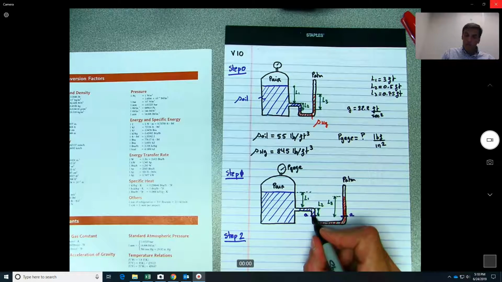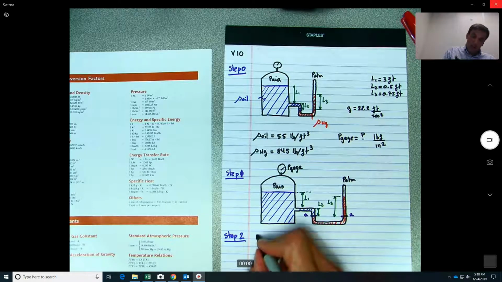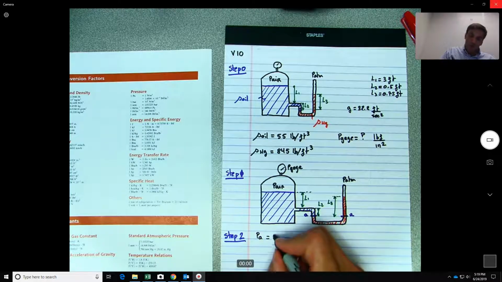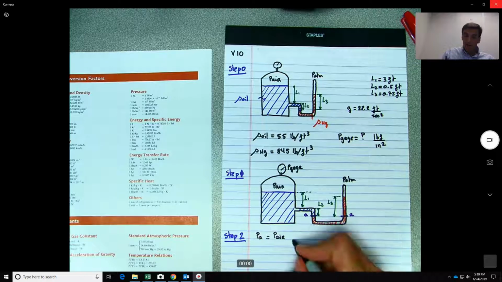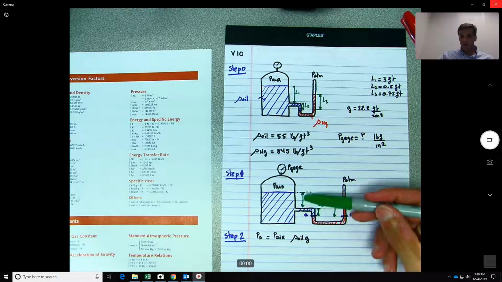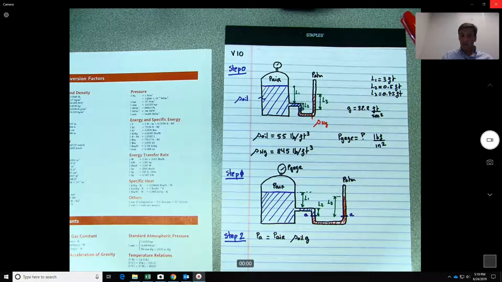So let's find the pressure at point A when we start from this end. We know it should be equal to P air plus or minus the density of the oil times g times h, and h in this case will be equal to what? L1 plus L2.